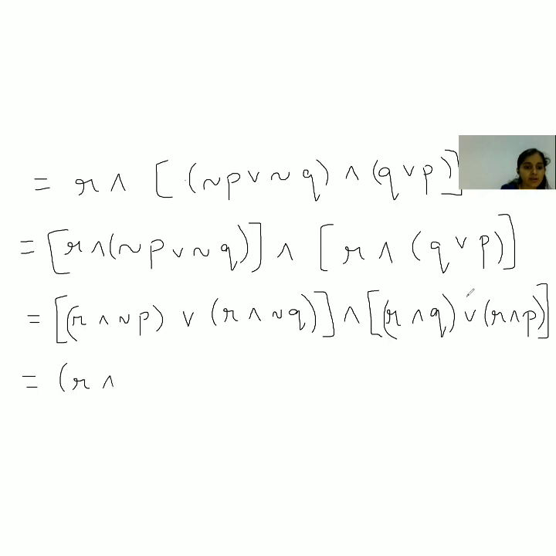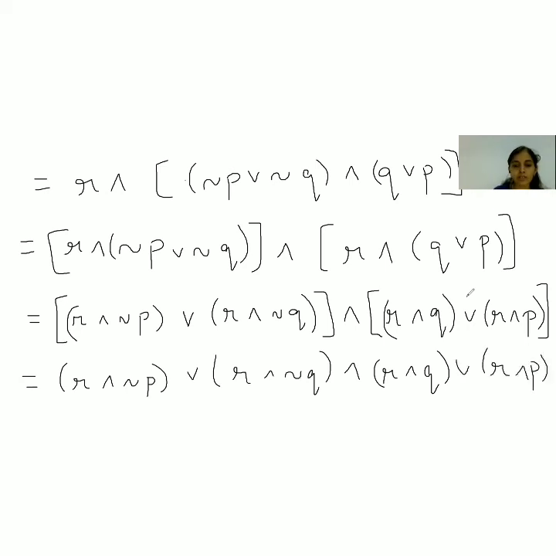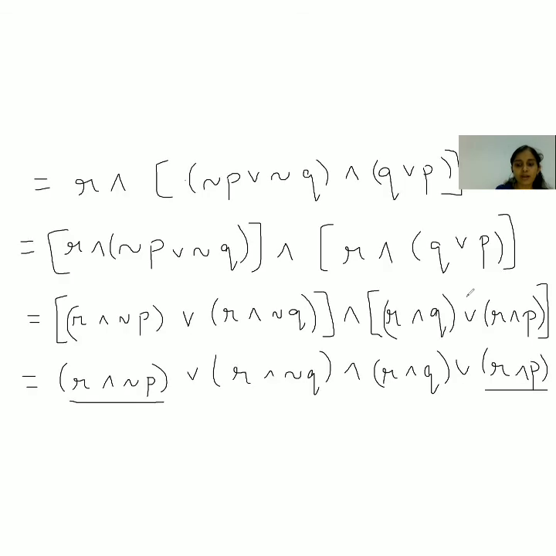So we have R and negation P or R and negation Q and R and Q or R and P. Now look at the first bracket R and negation P and we have R and P. So we'll take them together.